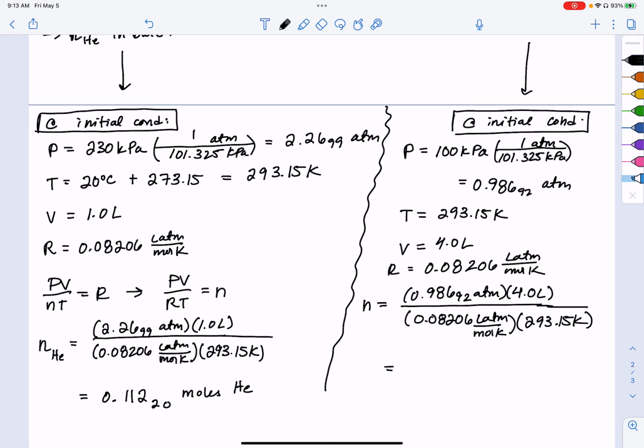All right, so let's see here. Putting this in my calculator, which I really think you should be doing the same. So we've got 0.98692 times 4 divided by our denominator. I get 0.16411 moles of hydrogen gas.